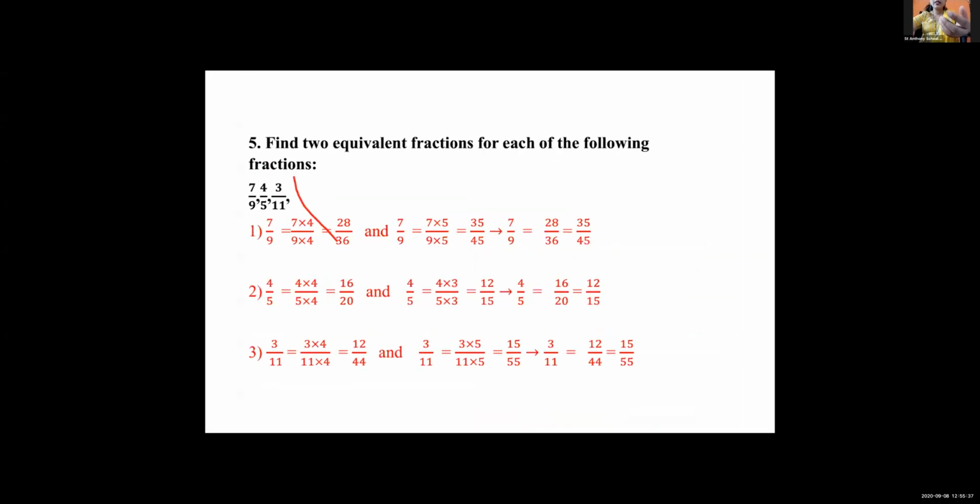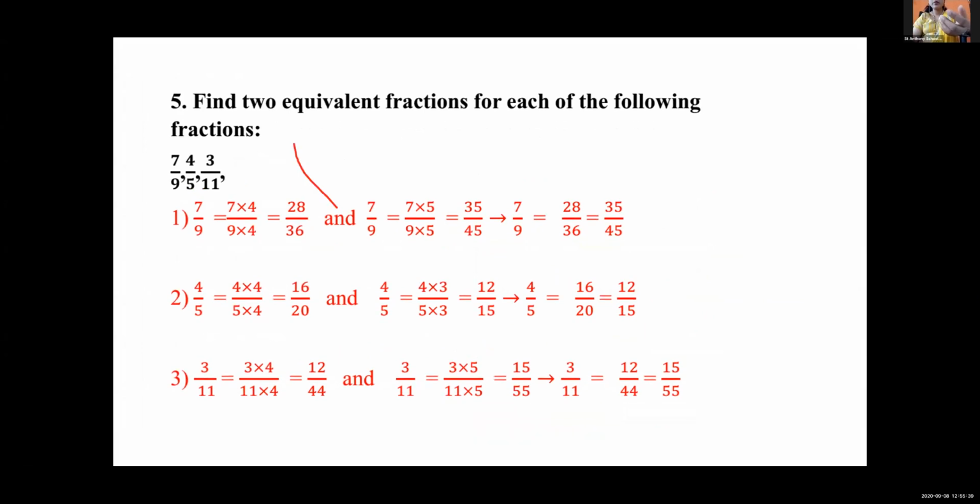Now we'll see the last one, the third one. 3/11. I hope everyone is able to see this. 3/11. Again, you can take any number. Here 4 is taken. You can take 5, 6, 7, 2. So 3/11 equals 3 into 4 upon 11 into 4.